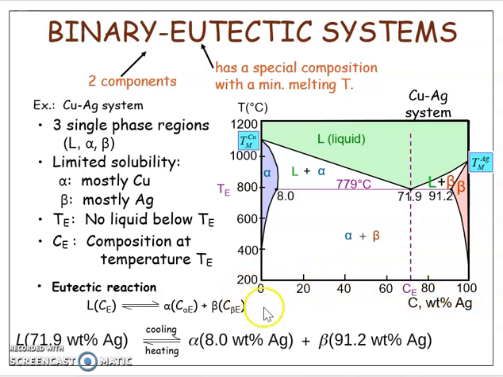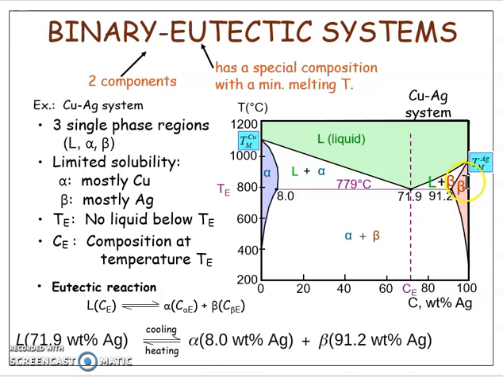Here is 100% copper, and this is 100% silver. So alpha means it is mostly copper, because it is in the region of 100% copper. Beta, because it is in the 100% silver region, of course has mostly silver.